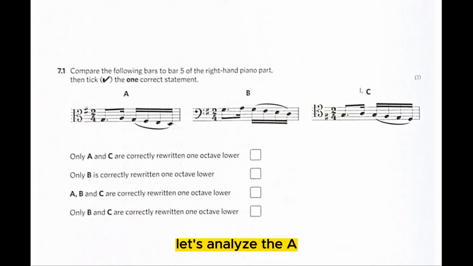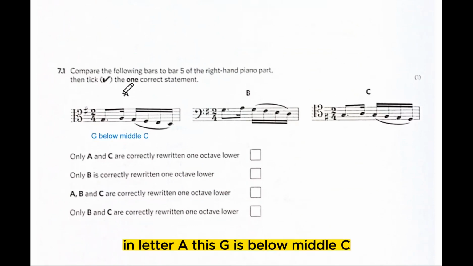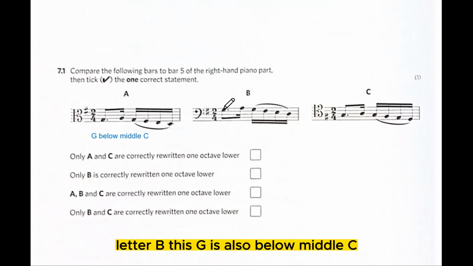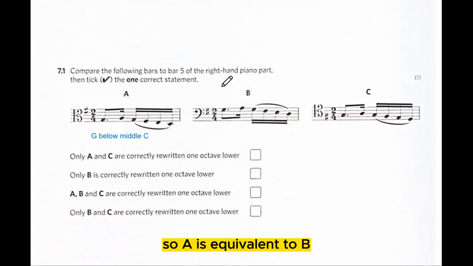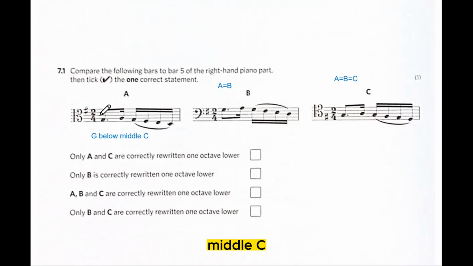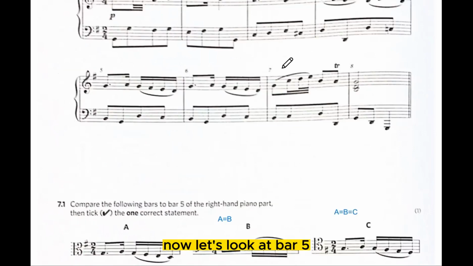Let's analyze the A, B, and C first. In letter A, this G is below middle C. Letter B, this G is also below middle C. So A is equivalent to B. In letter C, tenor clef, this is also a G below middle C. So that means these three patterns are the same, all under middle C. Now let's look at bar 5.